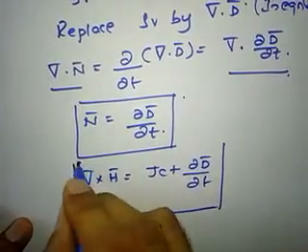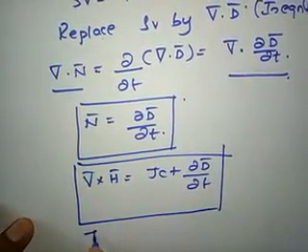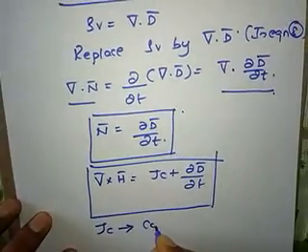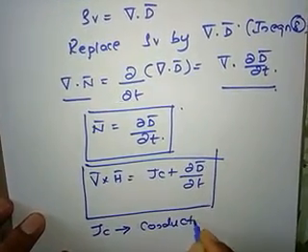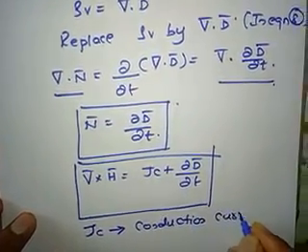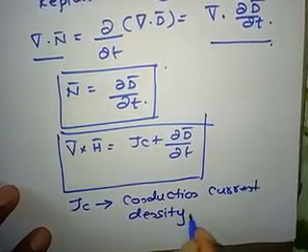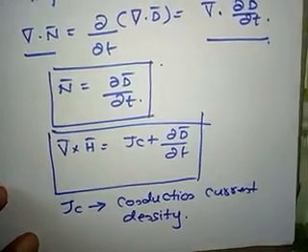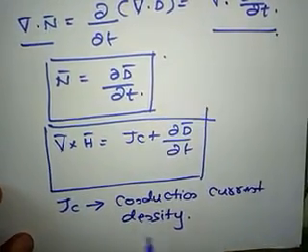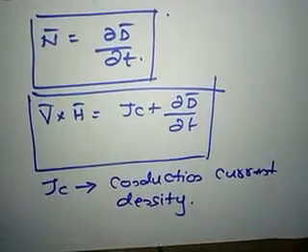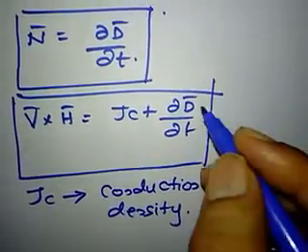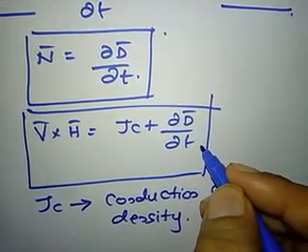Now this jc is called the conduction current density, that is, the current density for the moving fields or for the moving charges or for the moving current. So it is conduction current density. Similarly, we have one more term here, dou d bar by dou t.